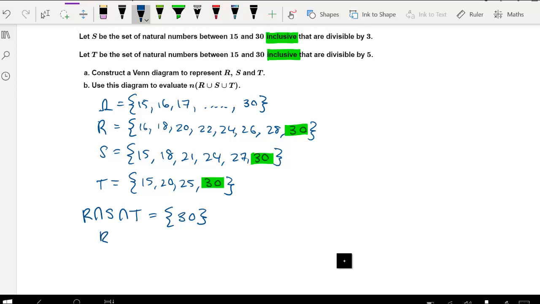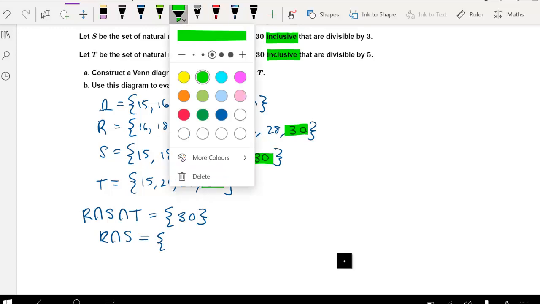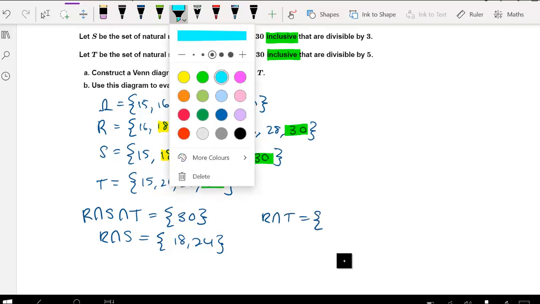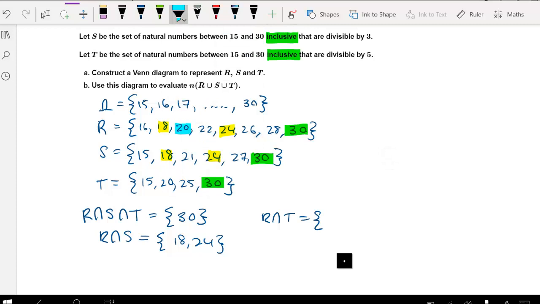The intersections between R and S, which we'll put in yellow, are 18, 24. So we've got 18 and 24. The intersections between R and T, which we'll put in blue, are 20 and 30.